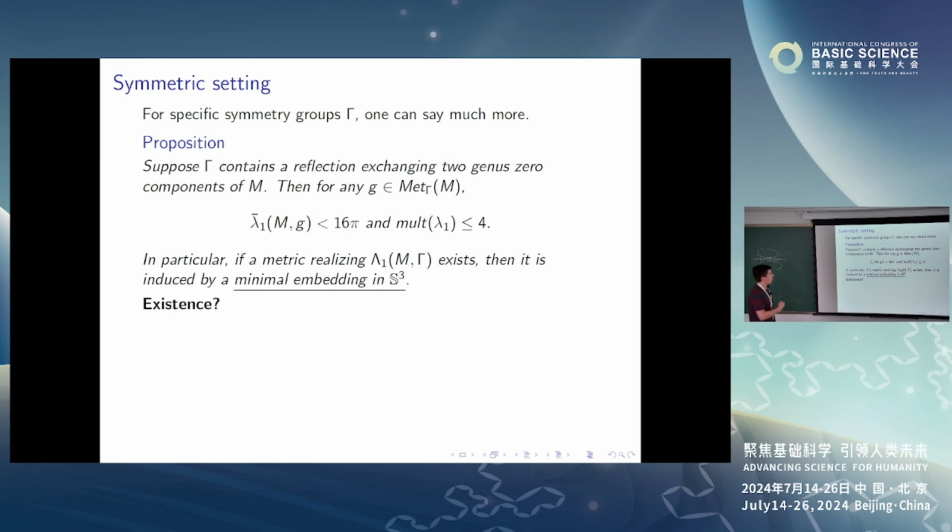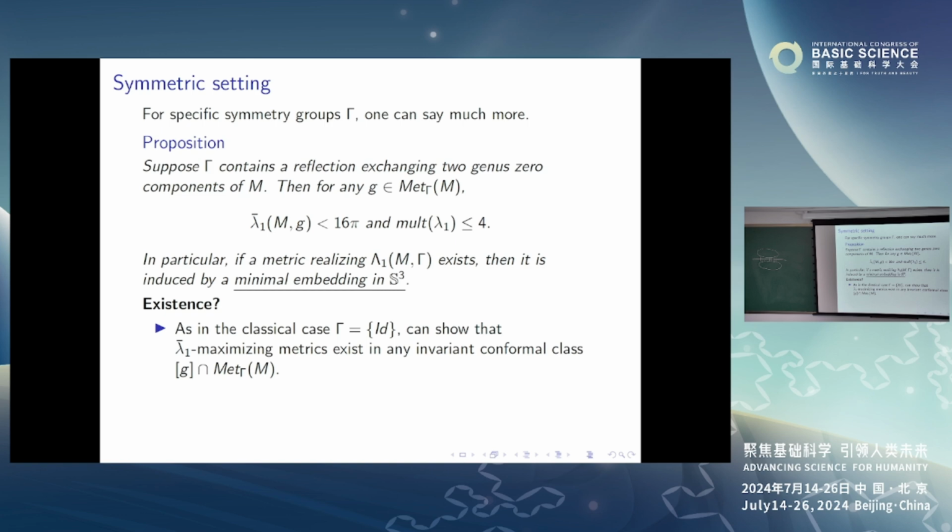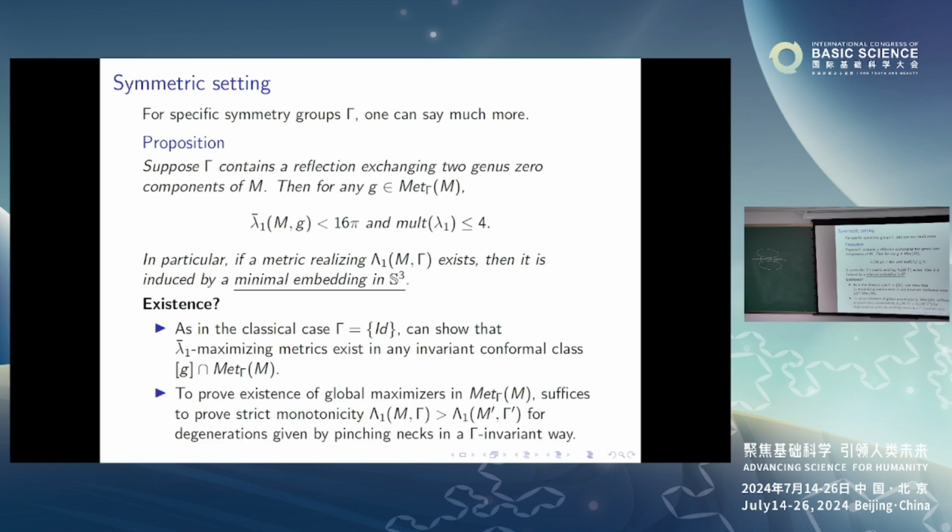Okay. All right, but of course the existence, as we already saw in the case of the trivial group, is not necessarily an easy thing. So as in the case of the trivial group, we can show that the conformal maximizing metric, I say here that it always exists. That's not quite right. There's some criterion, which is sort of easy to check in every application that we've looked at, so we would expect the maximizer always exists. All right, but then this reduces you to the problem of looking at degenerations in the boundary of this symmetric moduli space. Okay?